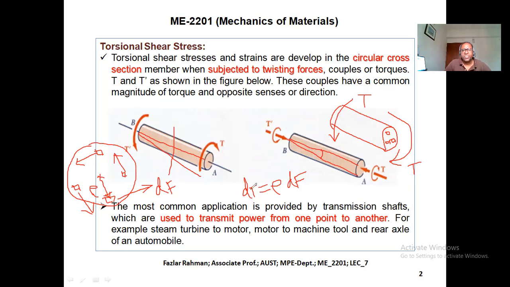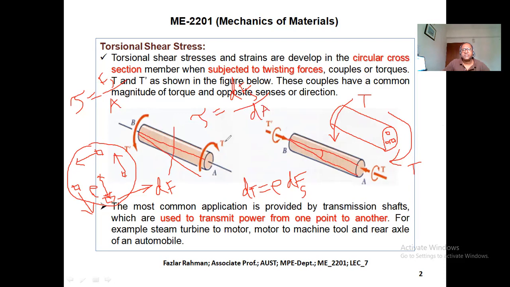Now you see, what is dF? What kind of force? This dF is actually shear force. And how can we figure out the shear force? Shear stress equals shear force divided by area. Now see this dF, instead of dF, I can say shear stress equals small force dF divided by dA.